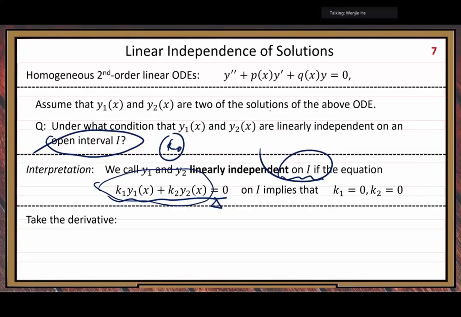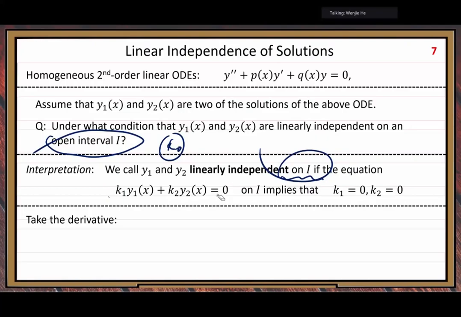Here, now we try to derive the critical condition. We treat the left-hand side linear combination as a function. It's a new function.